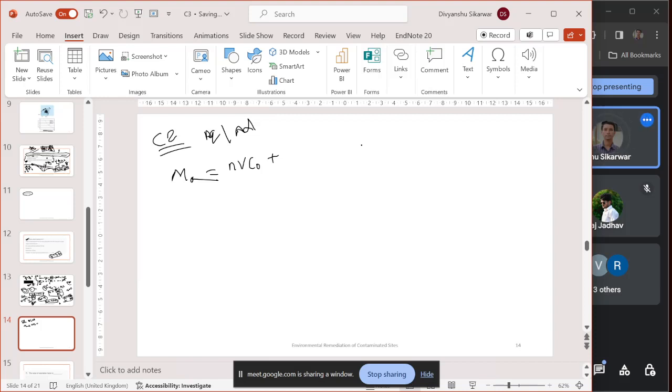But for the part which is adsorbed in the soil, we have to calculate that. If we analyze a sample, we can get the Q value. The Q value basically gives us how many milligrams of a particular contaminant are present in 1 kg of soil.